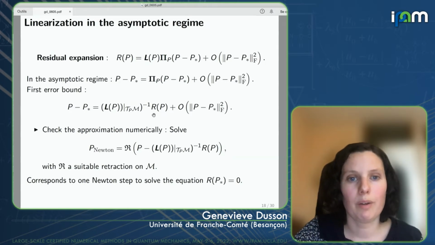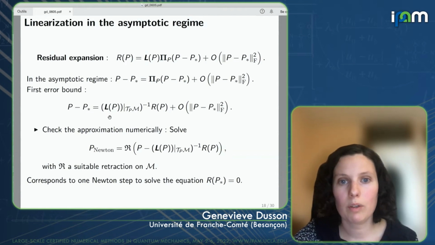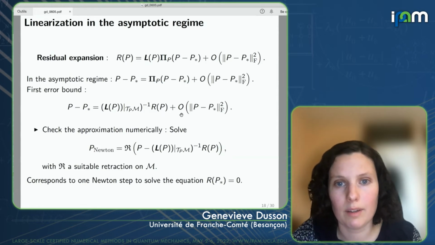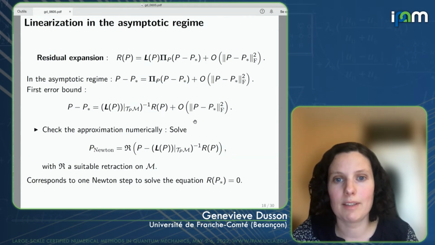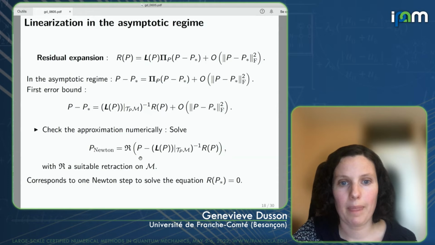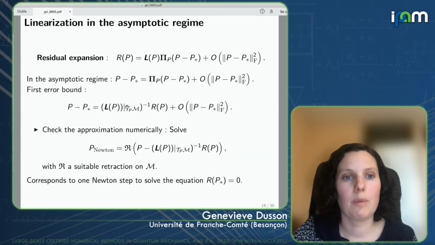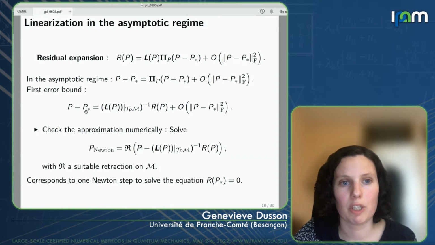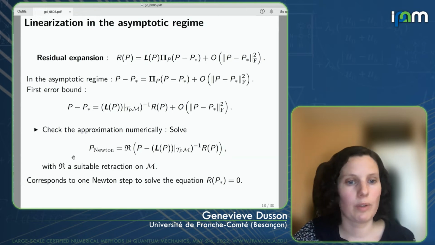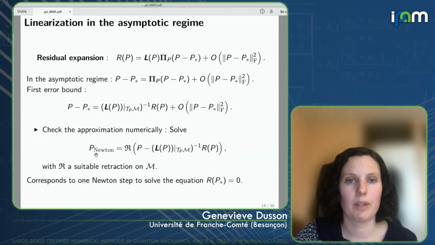And the first thing that we did was to check whether this error bound was good. This amounts to looking at this higher order term and seeing that it is in fact small. So we checked this approximation by computing this quantity here, basically taking P minus this term and seeing whether this is closer to P star than the original solution. This corresponds to performing one Newton step to solve the residual equation.